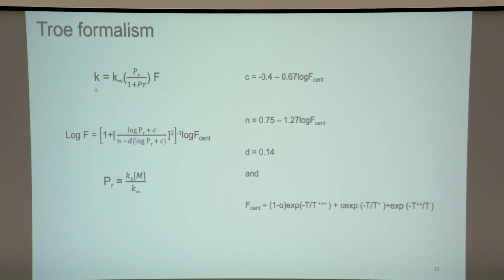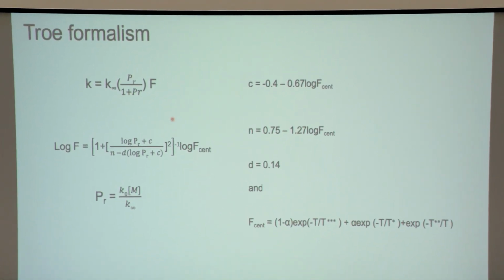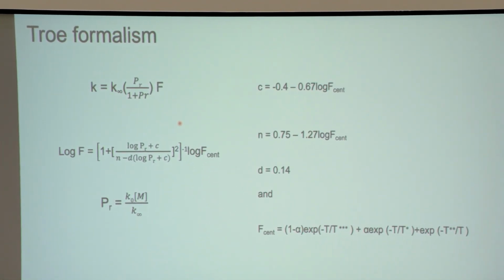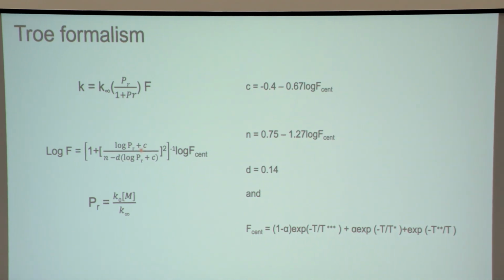So he says K is K infinity, the reduced pressure over 1 plus the reduced pressure, times some function F, and then he has a very complicated expression for F.